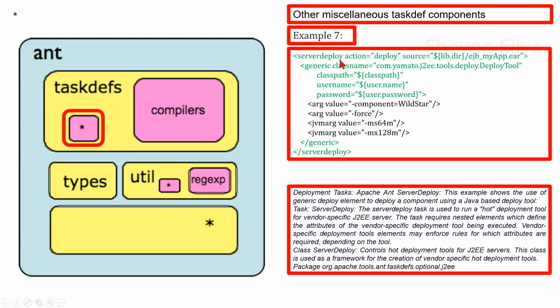With regarding API, the class server deploy control hot deployment tool for J2EE servers. This class is used as a framework for the creation of vendor specific hot deployment tools. This is in the package org.apache.tools.and.taskdef.optional.j2ee.